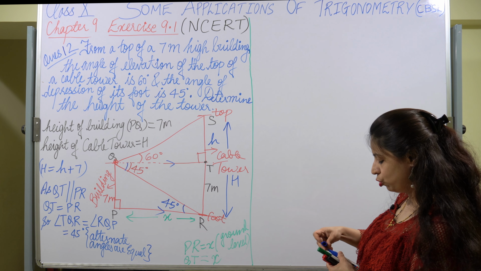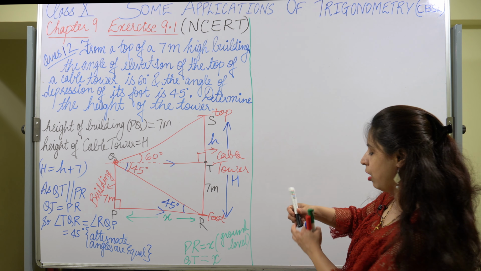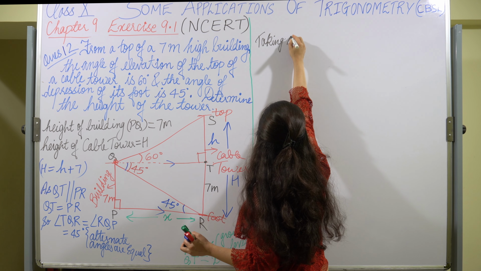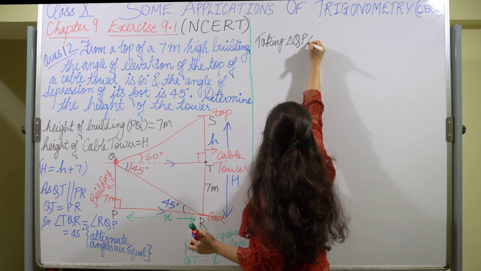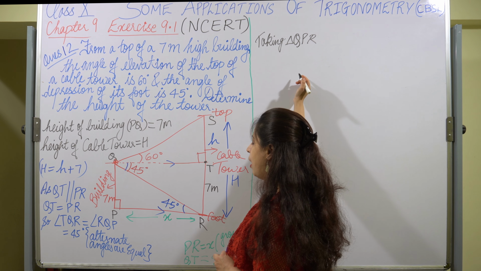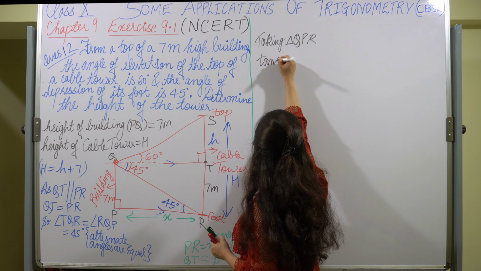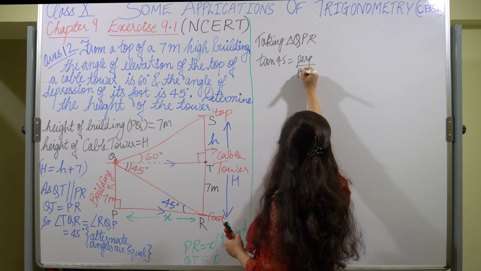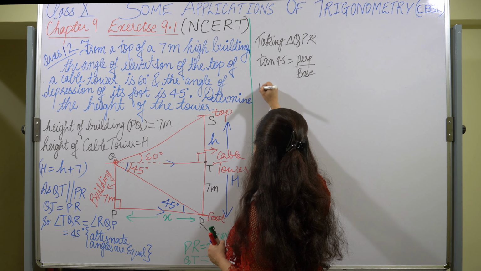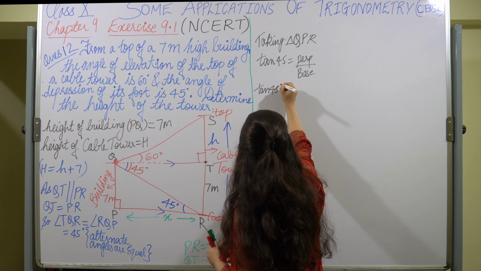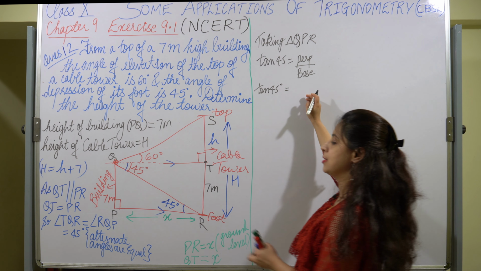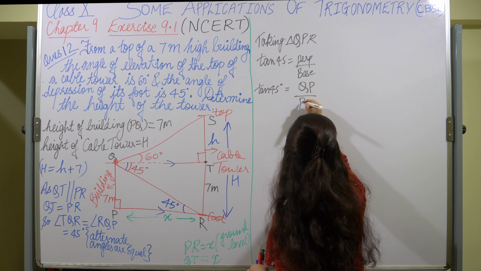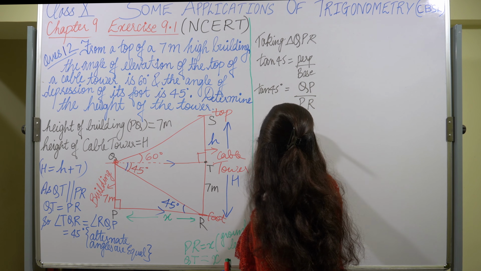Taking the triangle QPR. So in the triangle QPR, tan 45 degrees will be equal to perpendicular upon the base. Okay, so tan 45 degrees will be equal to perpendicular, which is QP, and base, which is PR.